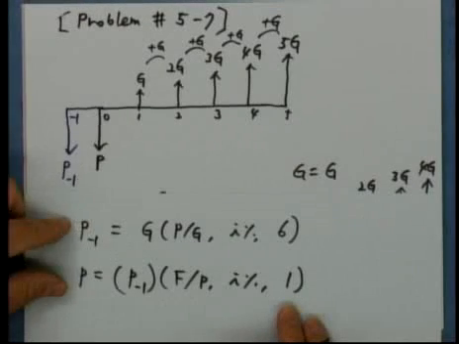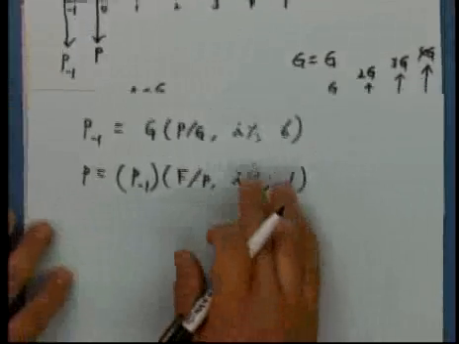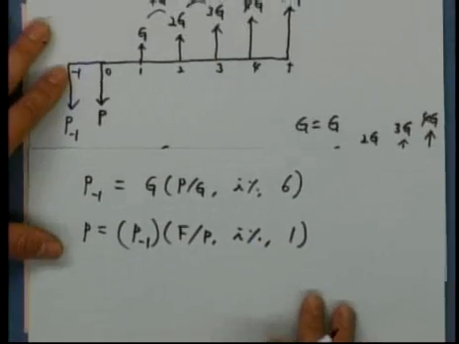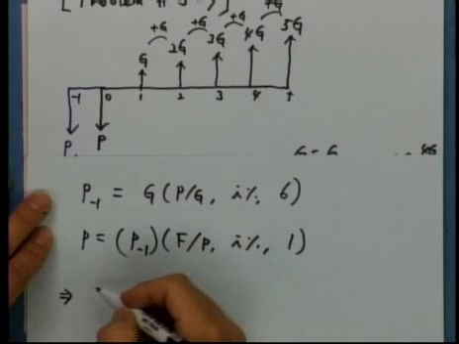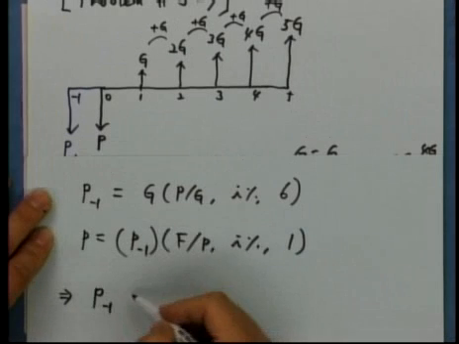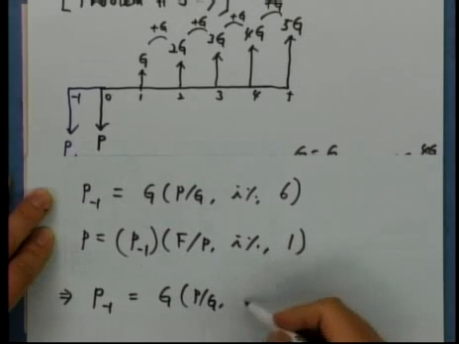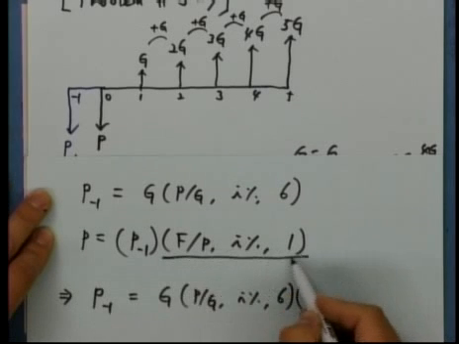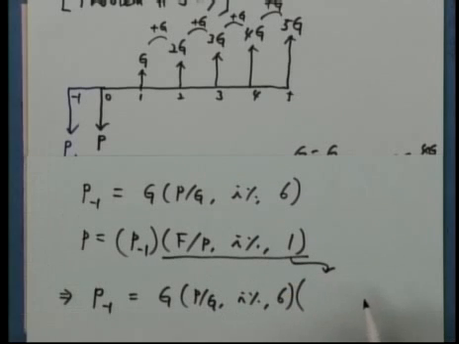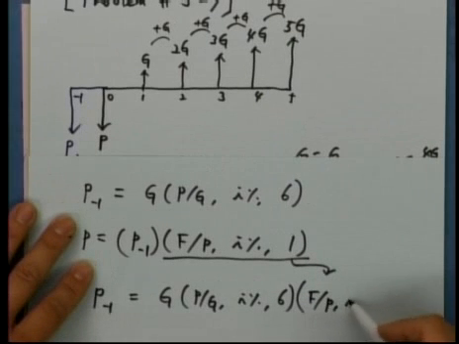Of course, you can combine these two procedures so that what you're going to have is P sub -1 equals G times P given G, I% over 6 periods, and then write down this. Okay? So F given P, I% over 1 period.